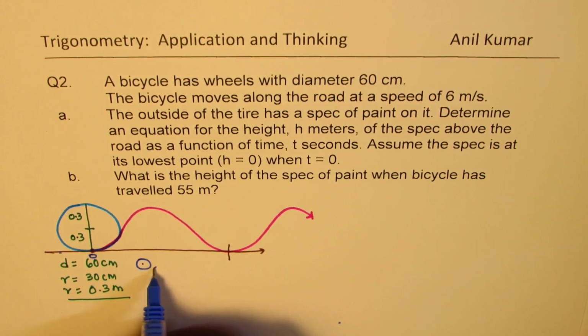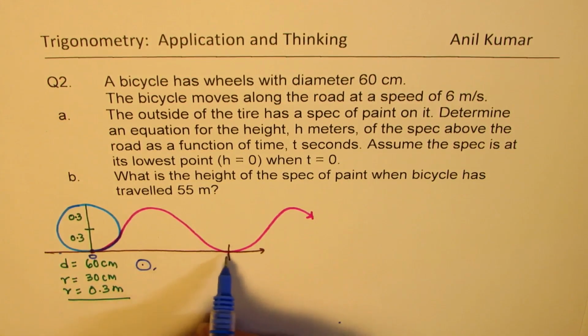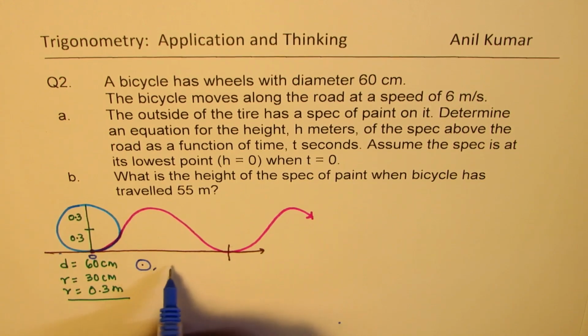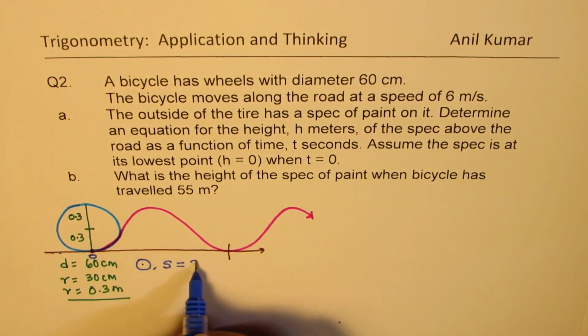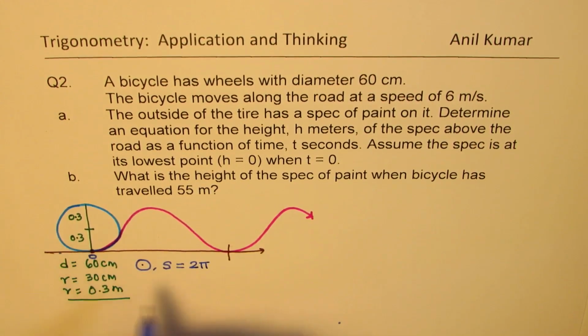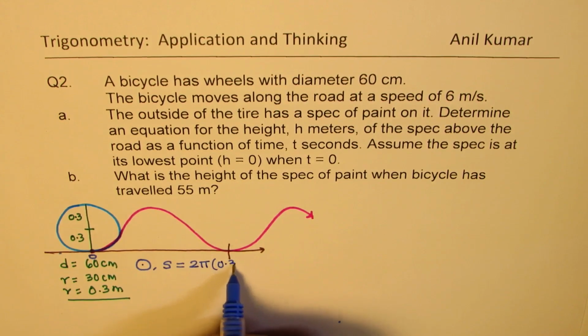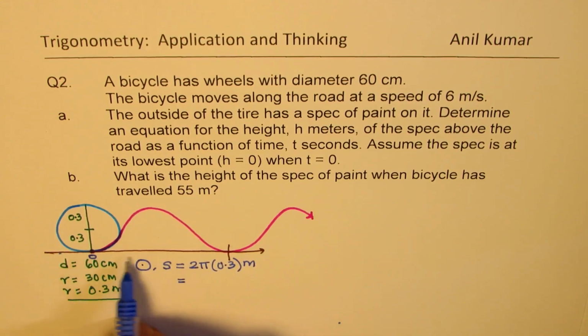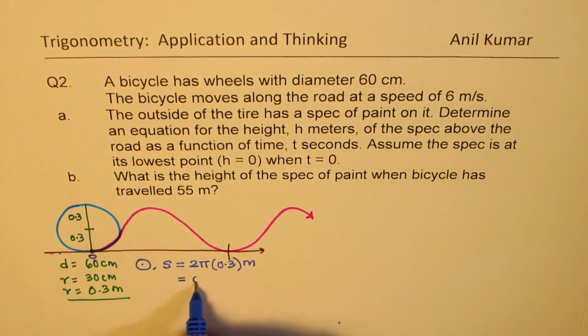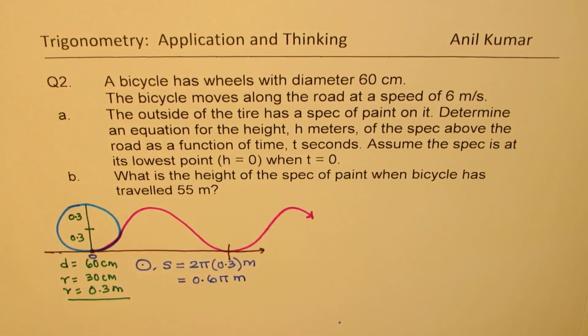So this distance, let's call this S. The distance traveled will be 2 pi r, right? 2 pi times radius, which is 0.3 in meters, correct? So this distance or displacement horizontally along the road will be 0.6 pi meters. Is that correct, right? So that is the distance.